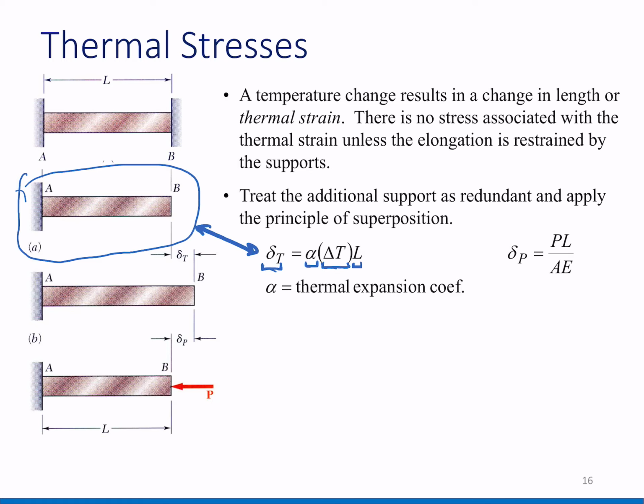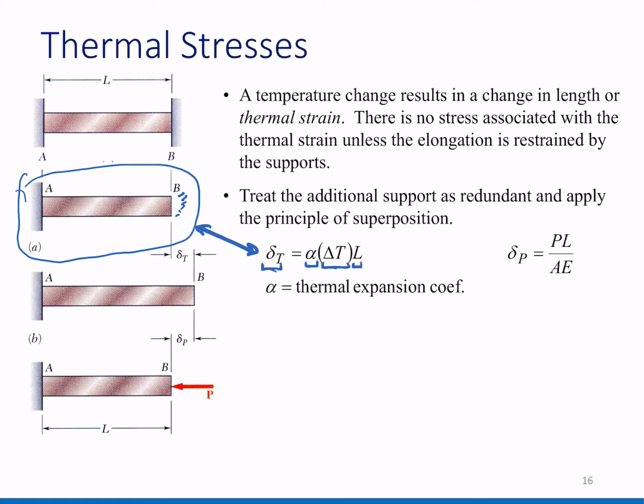It means when the temperature of the material changes, the material tries to expand or shrink. If you don't have any fixed end here, then there's no stress. It's just expanding without any stress.